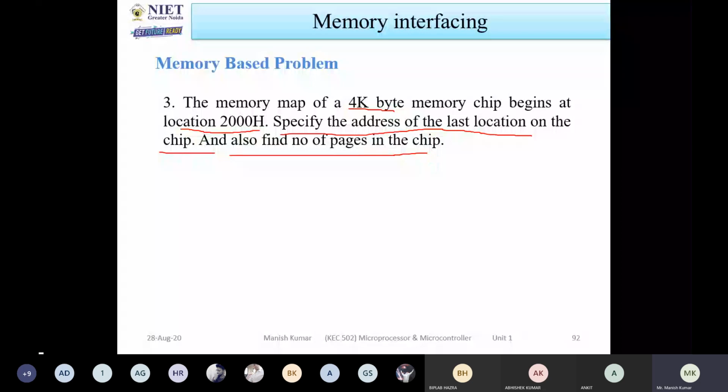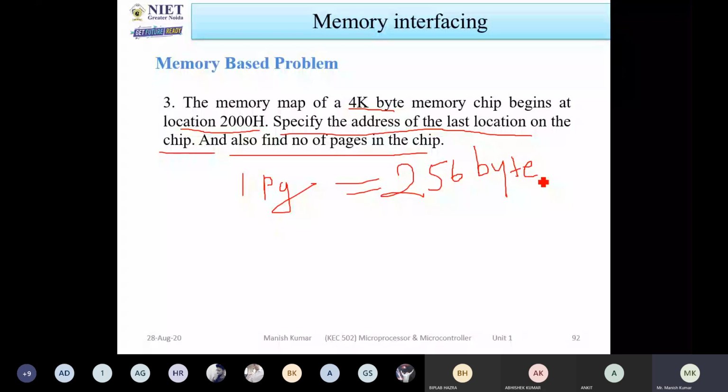The size of one page is equal to 256 bytes. You have to remember this value.